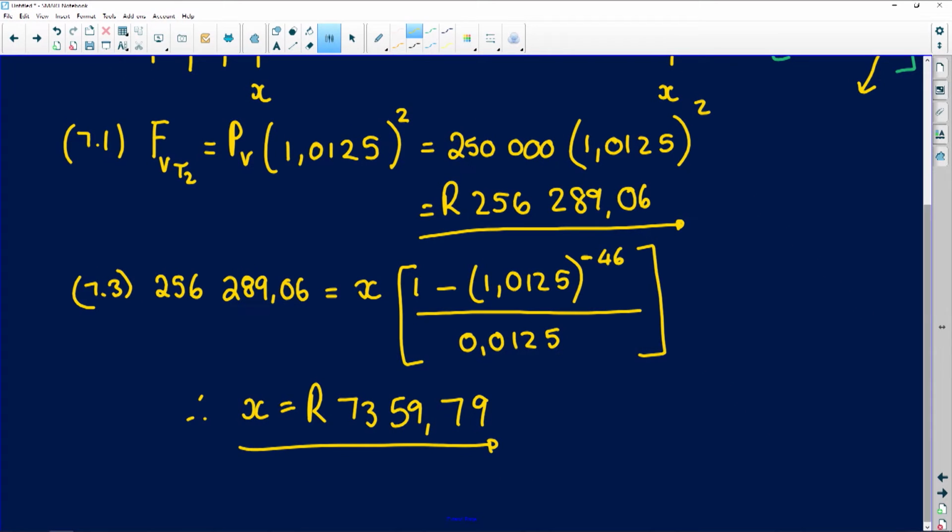Just write that answer down, maybe take a photo with your cell phone, and go and calculate how I got to this. What I usually do is I find this sum first, I turn it around, and I multiply with this number on the other side, and that gives me the value for X.